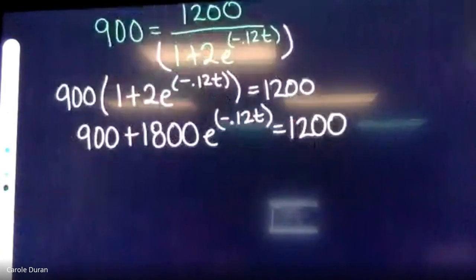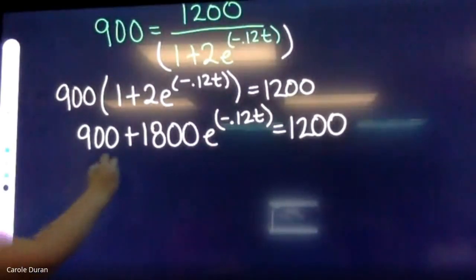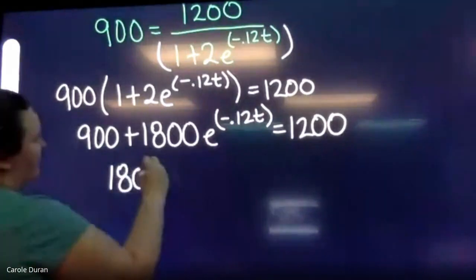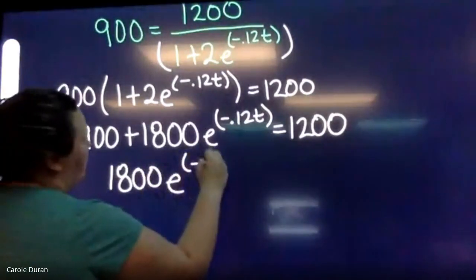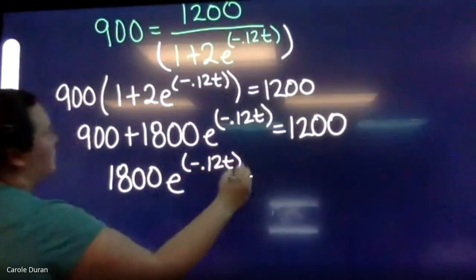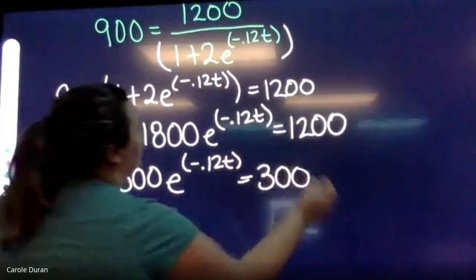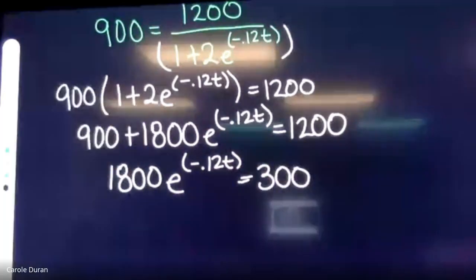Now I'm going to move some stuff around and isolate the term that has the t in it. What's the first thing that I'm going to move? The 900. What am I going to do with it? Subtract it over. When I do, I get 1800 e to the negative 0.12t equals 300, because 1200 minus 900 is 300.